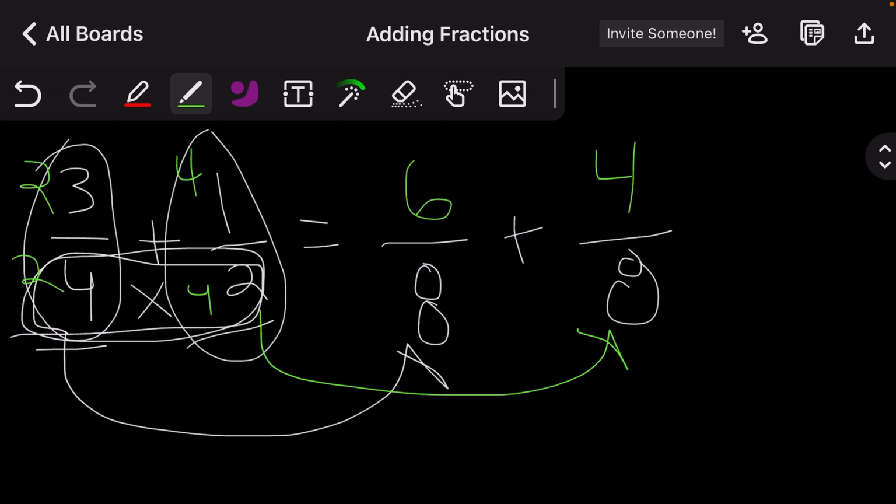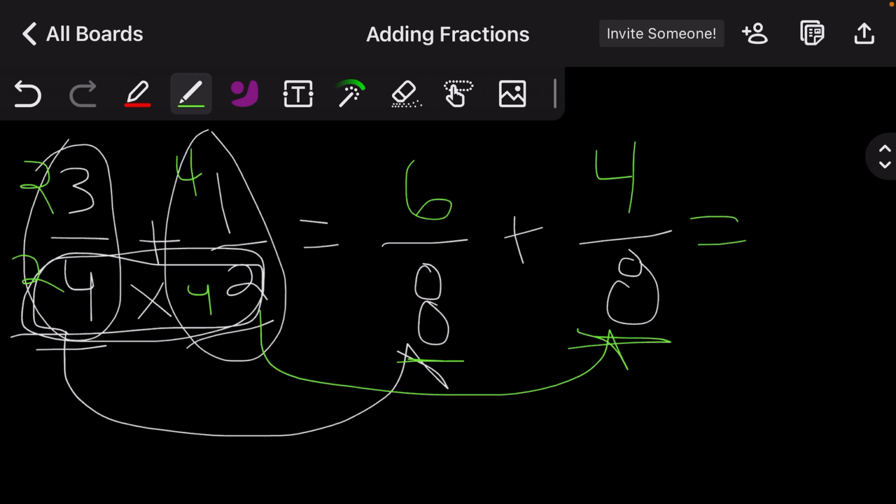And now that we have each fraction cut up into the same amount of slices, now we can go through with our computation and operation of addition.